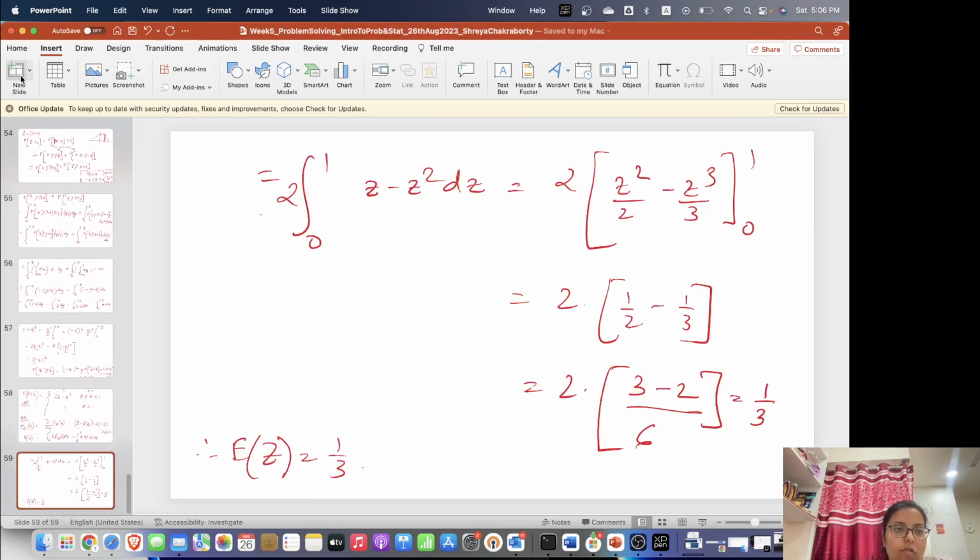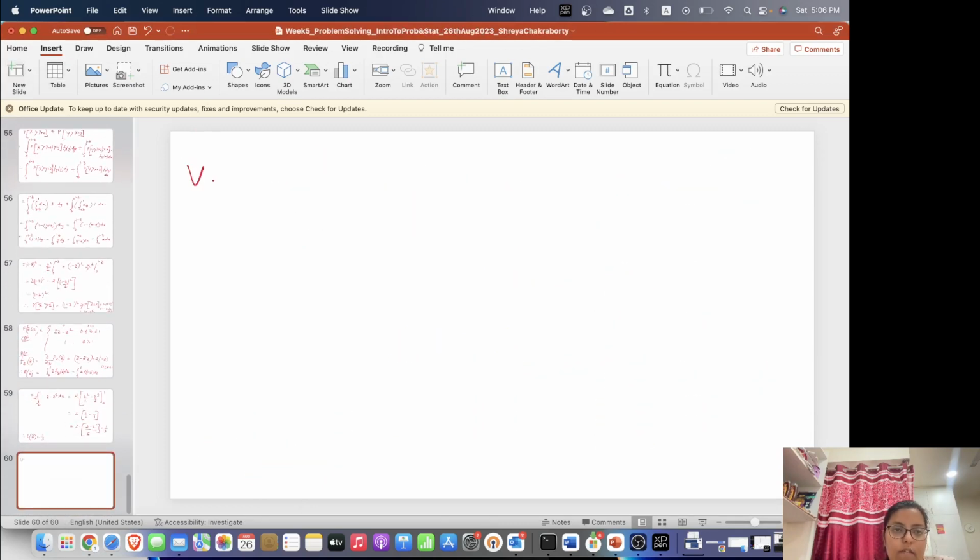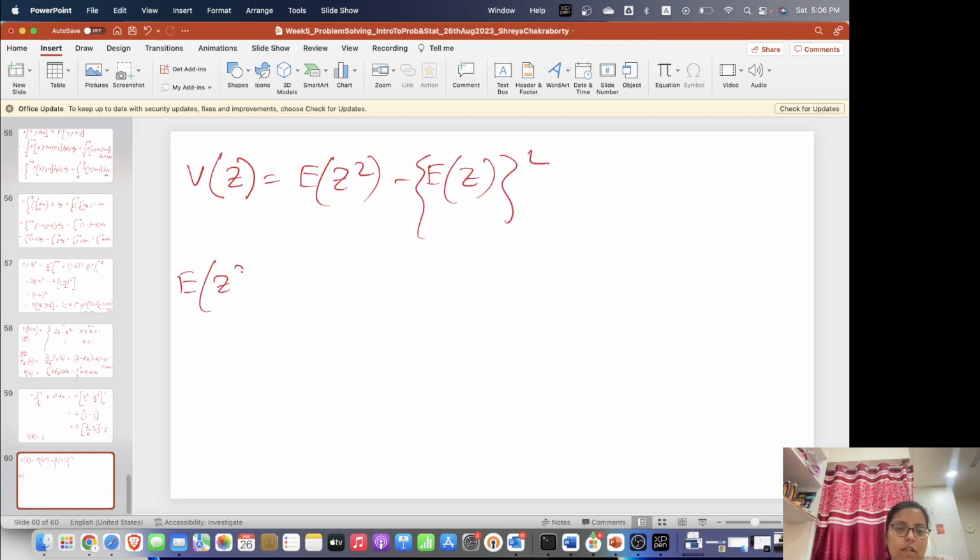Then variance of Z equals expectation of Z square minus expectation of Z whole square. Now expectation of Z square equals the integral from 0 to 1 of z square into 2(1 minus z) dz.